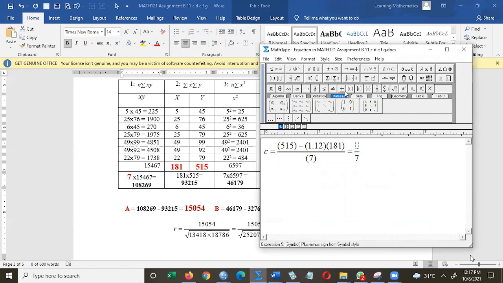As is, you can put it in your calculator, see what you get. 515 minus 112 times 181. So 312.28. And when you divide, I think it's 44.61.